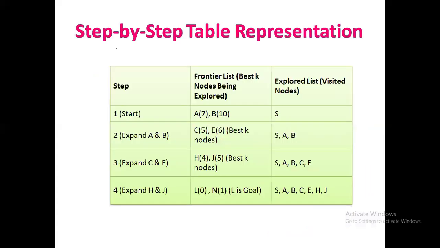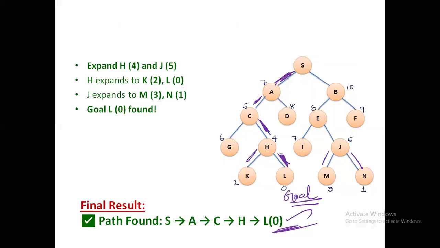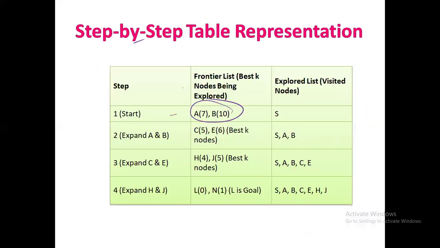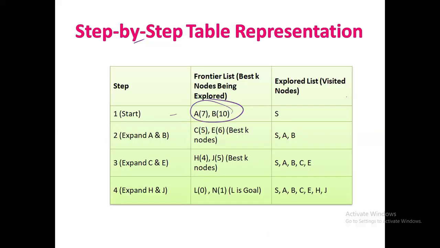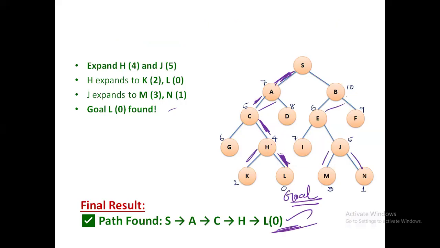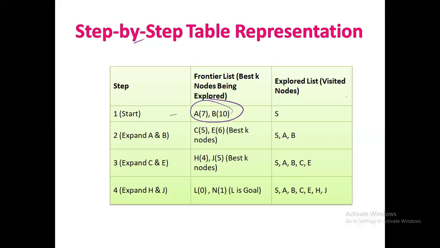If you want to explain it in a table, we can do it for this diagram. The first step has the start nodes A and B. After expanding A and B, we take the smallest values, E and B expanded, and A and B go into the explored list, that is, the visited nodes. C of 5 and E of 6 are the best K nodes to expand. Then in the third step, H4 and J5, as I explained, and S, A, B, C are put into the explored list.